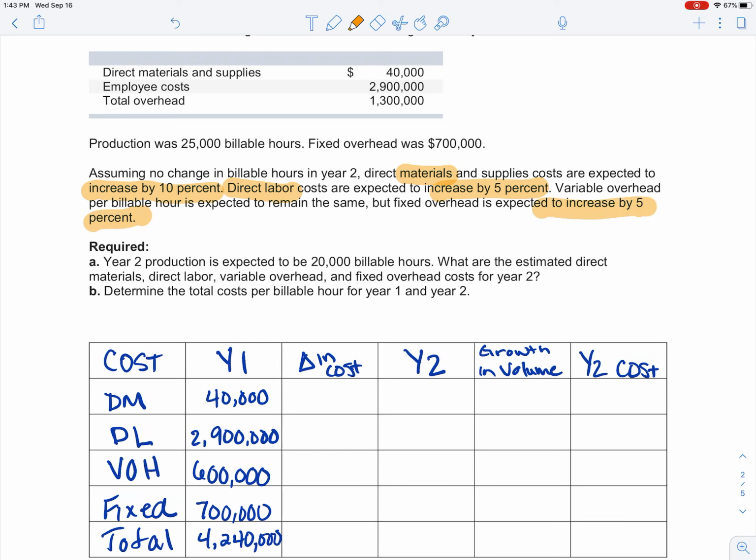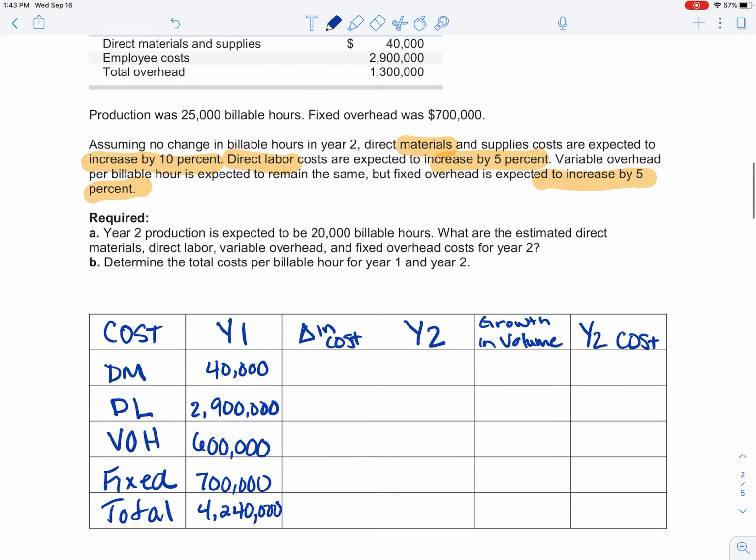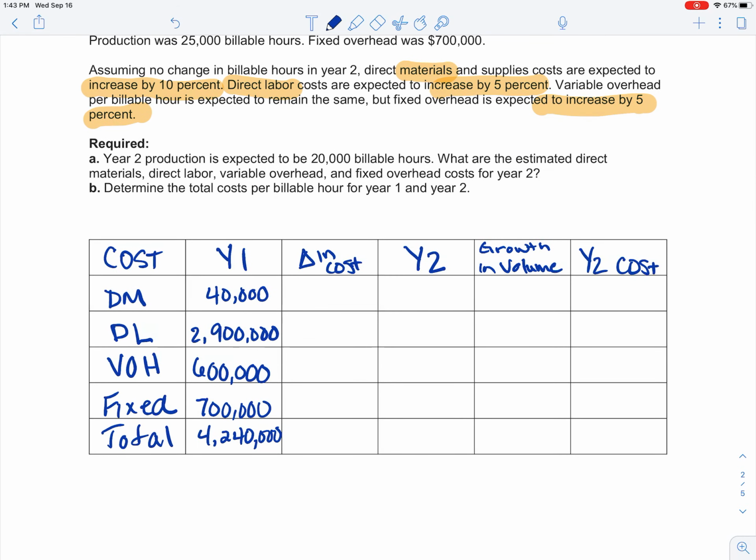So what I can do when I look at those change in costs is go back in and input a percentage reflecting these changes. Since direct materials are going to change by 10% in year two, I would spend 110% of year one cost. For direct labor, it increases by 5%. Variable overhead is going to stay the same, and fixed overhead is going to increase by 5%.